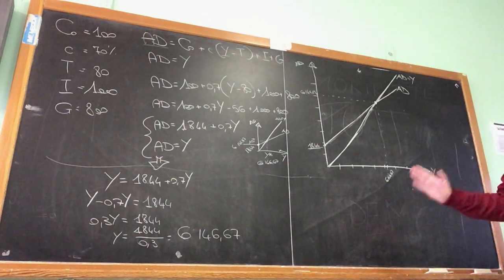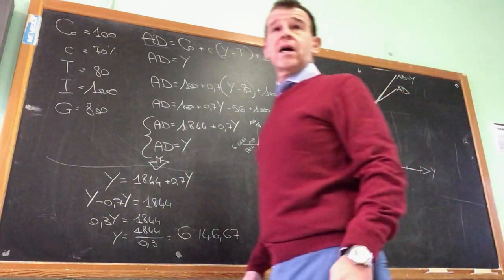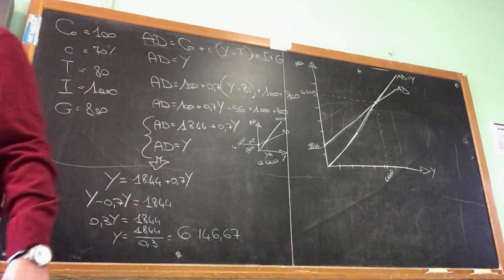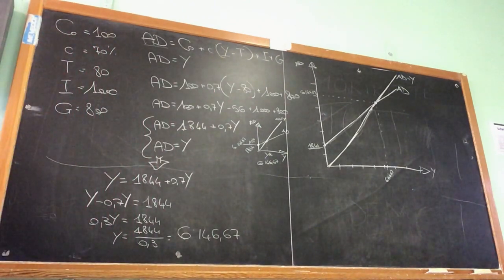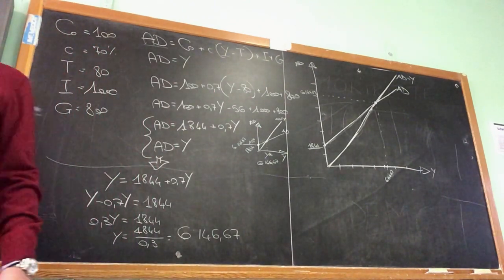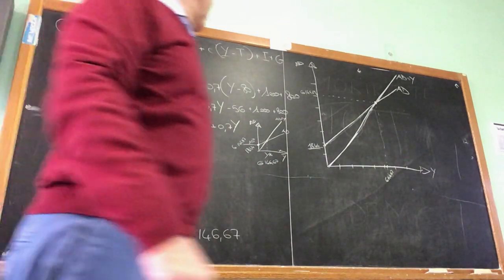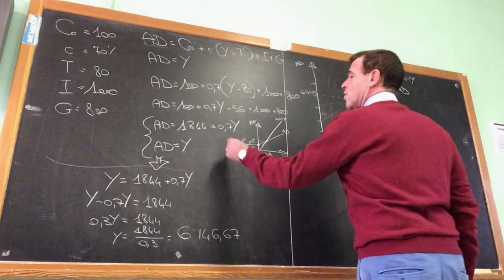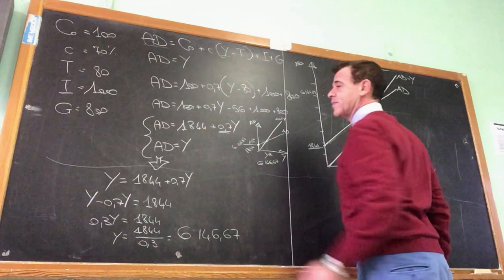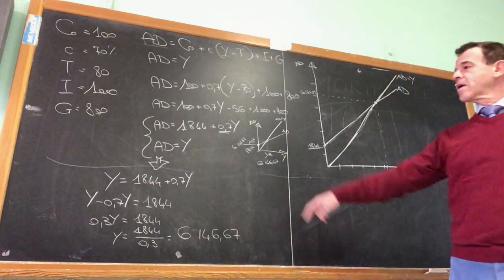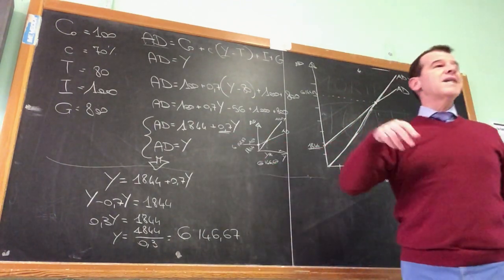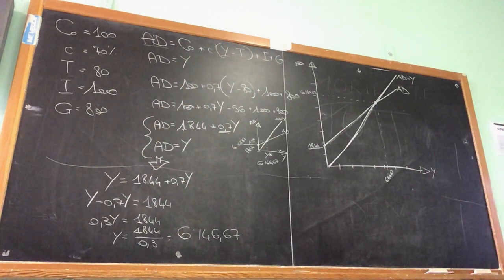Okie dokie, so I think the mathematical part is quite easy. No problem, no problem. So, as you see, mathematically the slope of the aggregate demand is the propensity to consume.